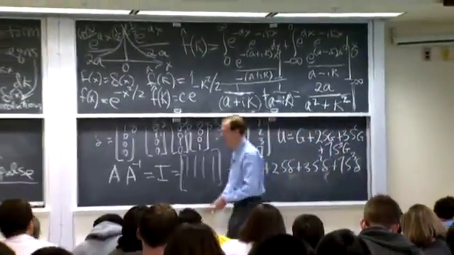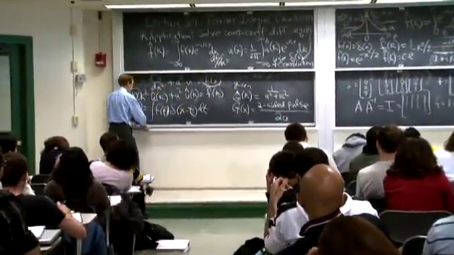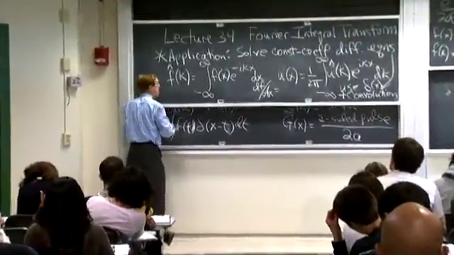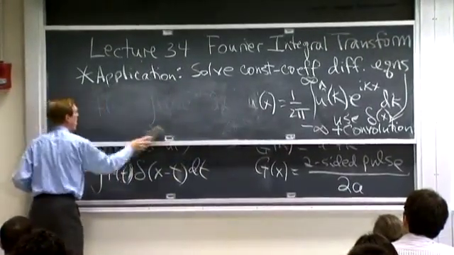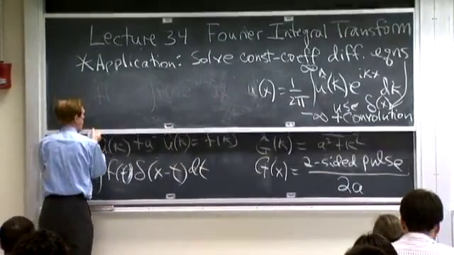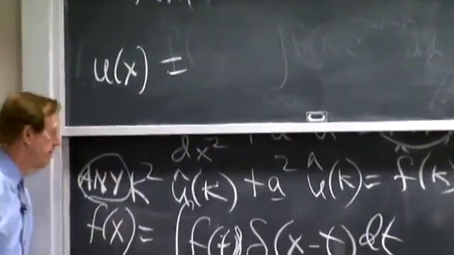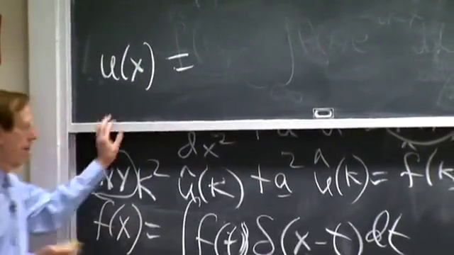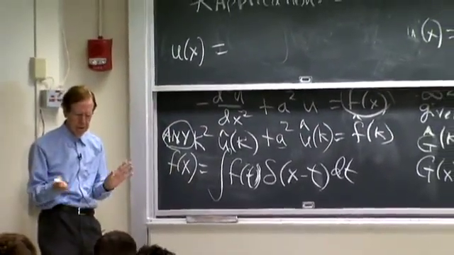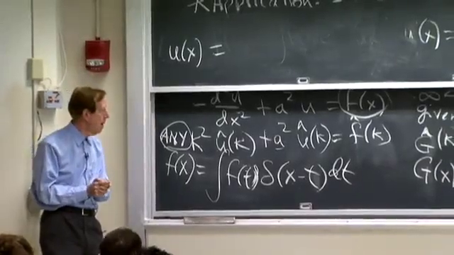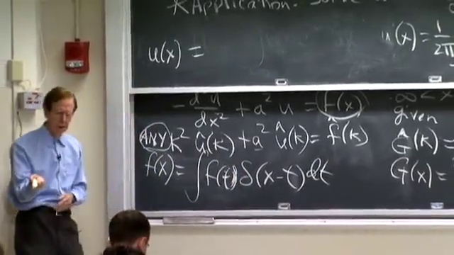Now what's the u? What's the function u? The solution that comes from f of x. Okay, let me just erase here so that I can put this all in. The point of the whole example now is for you to tell me what's u of x. Can you do it? Do you see what u of x is going to come out? It's going to come out nicely. I've written the right-hand side f as a combination of deltas.